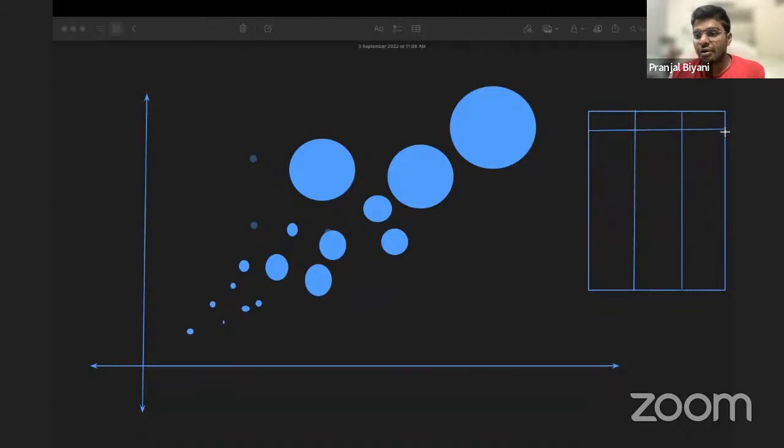One column could be, just like before, the marketing spends. The next column could be your sales, and finally it could be profit. So this gives us a very good understanding that when we increase our marketing spends, our sales increase, and so does our profit. Clear, everyone?